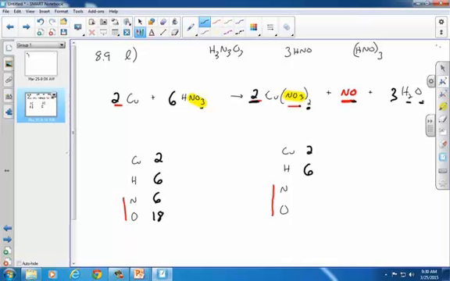So then for nitrogen, I've got 1 from the NO. I've got 4 from the other compound, so that's 5. And for oxygen, I've got 12, 13, 14, 15, 16. Is that right? 6, 12. Yeah, that's right. That seems right.